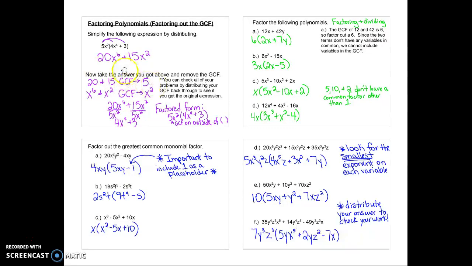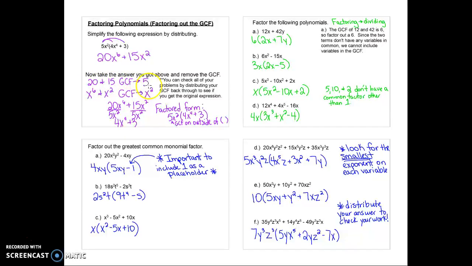So if we work backwards from this one, I have 20x to the 6th plus 15x squared. Before I can factor out the GCF, I first have to know what the GCF is. So we go through that same process that we did when we covered GCFs. I look at my coefficients, 20 and 15. The largest number I can divide evenly into 20 and 15 is 5.